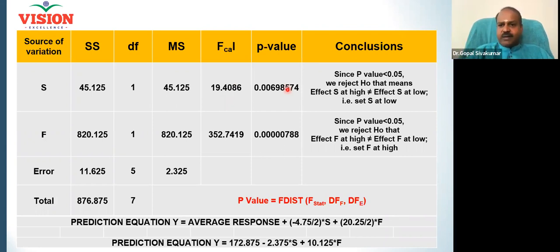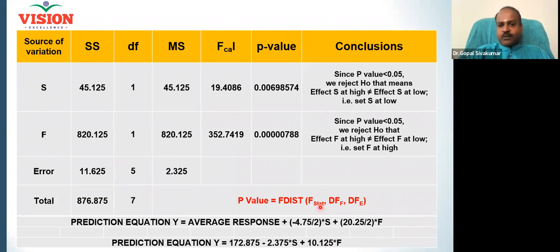Go to an Excel file, go to any cell, and type this. Equal to, you just have to start with equal to F distribution, F.DIST. Open the bracket, F statistic. How much is the F statistic for factor S? 19.40. Type it here. Degree of freedom for the factor: what is it? 1. Degree of freedom for the error: how much is it? 5.